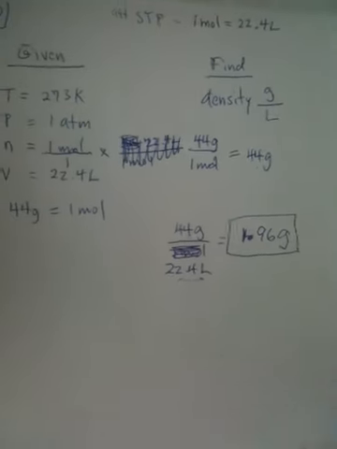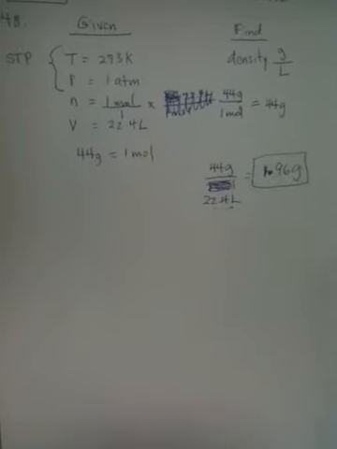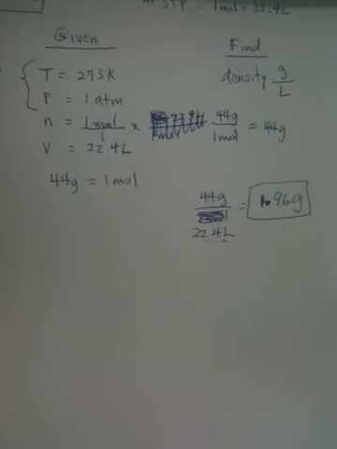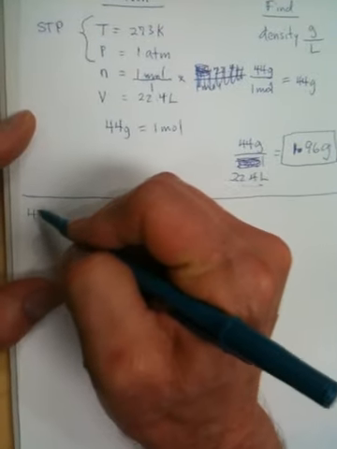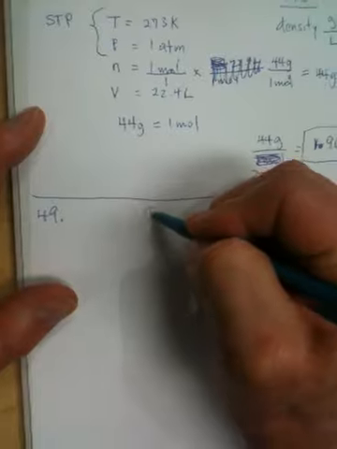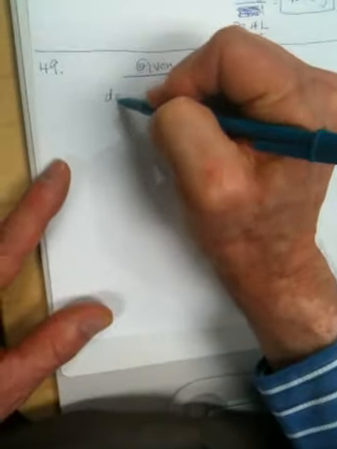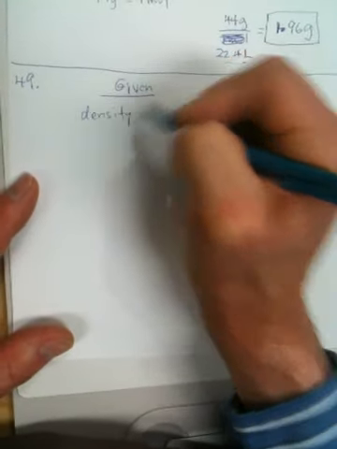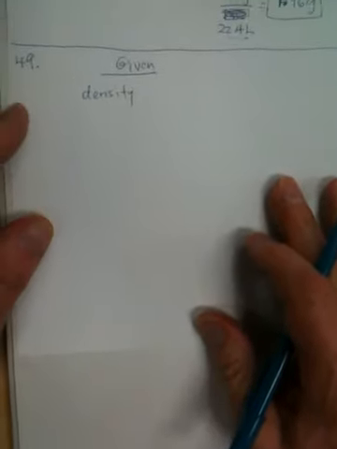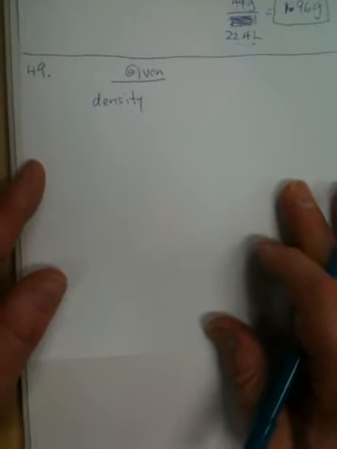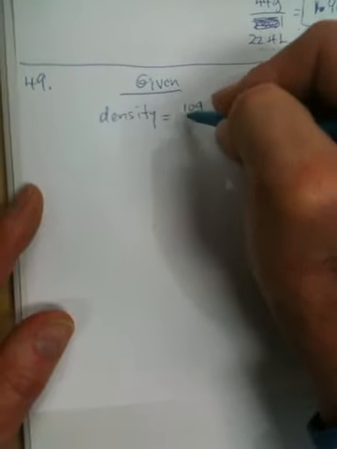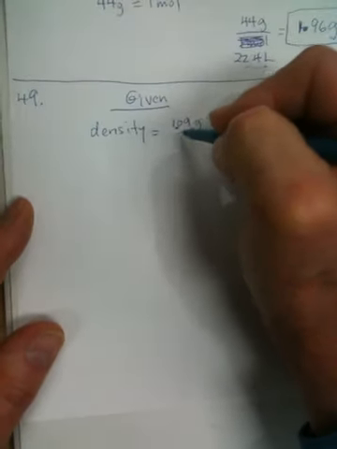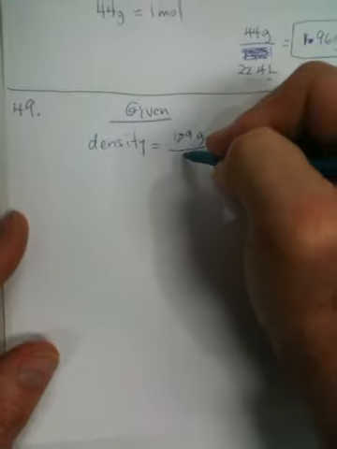Now, I think we can go ahead and put our second problem on here as well. And the second problem is a little bit different. Now we're going to go to problem number 49. And in this one, we are given the density, and our density was given to us as 1.09 grams per liter.